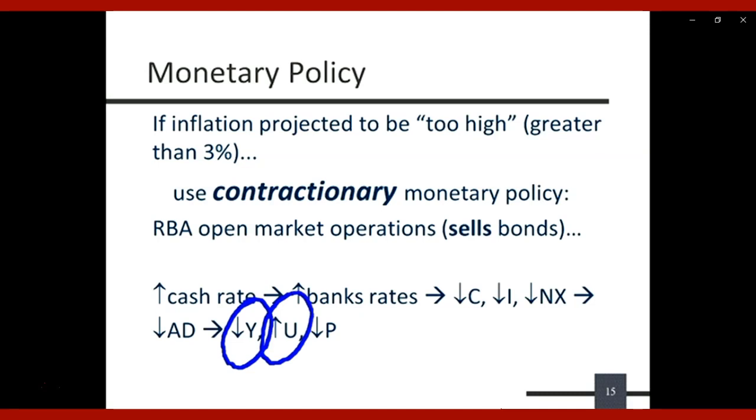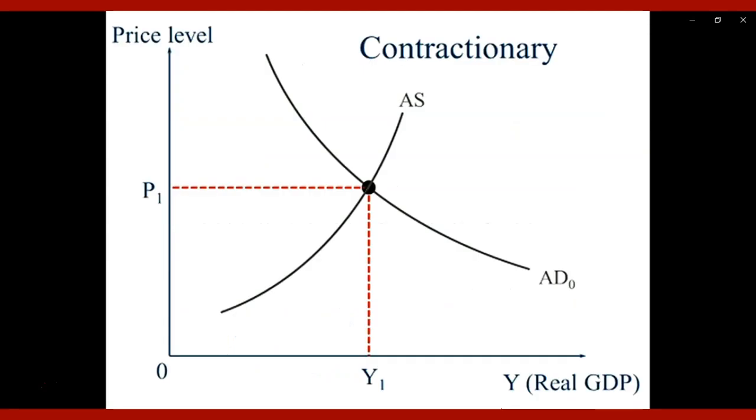Unemployment tends to rise, an unfortunate side effect. But there's less pressure on prices. This was the real objective of the exercise in the first place. Pressure on prices falls, so the inflation rate falls back to within the target range. That was the objective. And of course we can see it graphically.